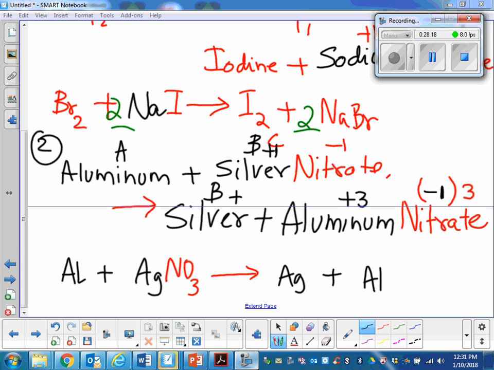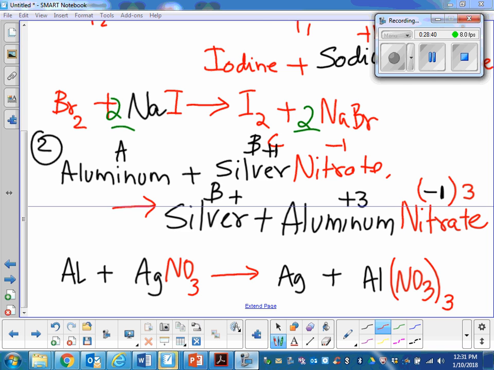Is it just AlNO3? Probably not. So if I multiply this side by 3, how do I show that? Include brackets here and make the nitrate a 3. Everybody understands this? Okay.